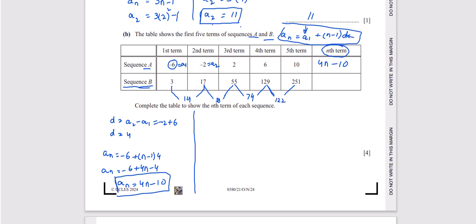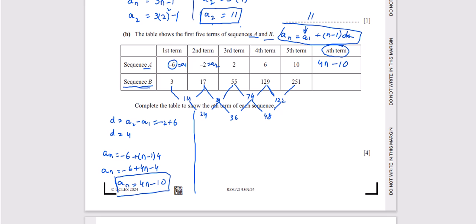And now again the differences of these numbers: 38 minus 14 is equal to 24, 74 minus 38 is equal to 36, and the next is 48.